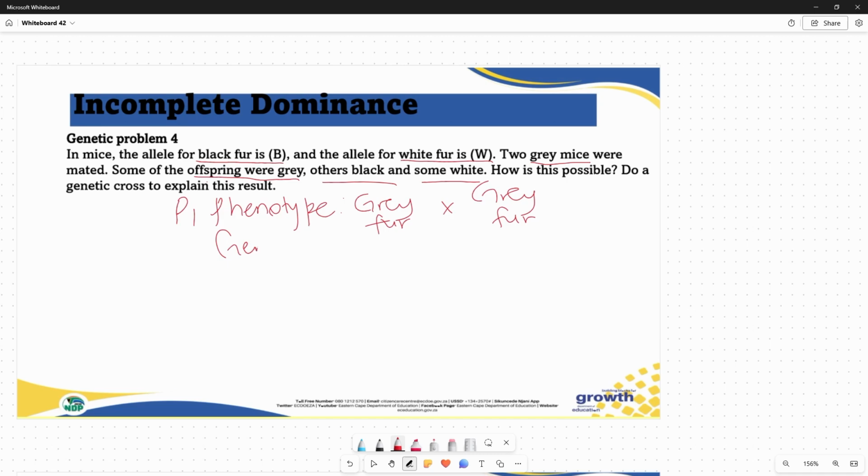And then the genotype. Now, remember, we can't introduce another letter for gray, because gray is a combination of black and white. Hence, we'll use the alleles. So it means for gray fur, we will have BW and BW. Okay, then meiosis. Then we draw our Punnett diagram.